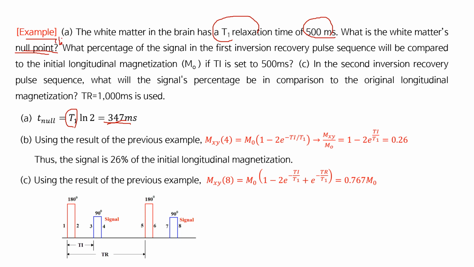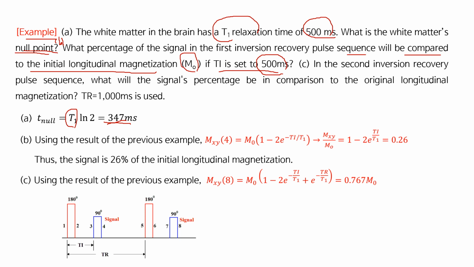What percentage of the signal in the first inversion recovery pulse sequence will there be compared to the initial longitudinal magnetization M0 if TI is set to 500 milliseconds?